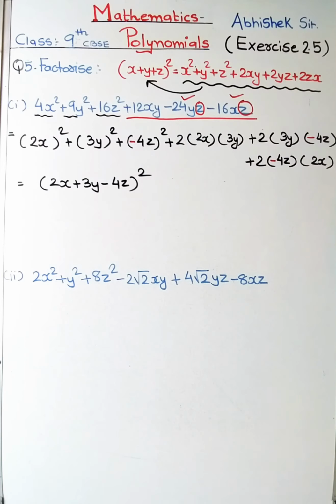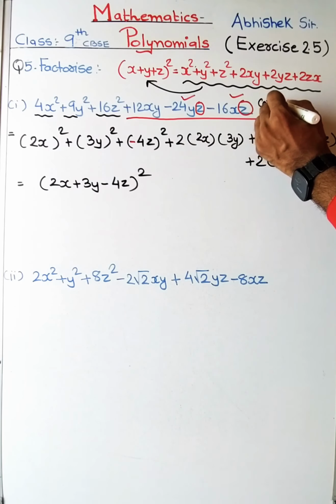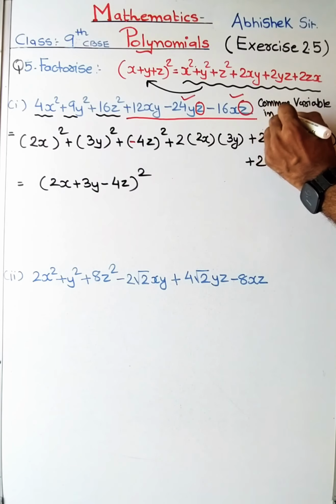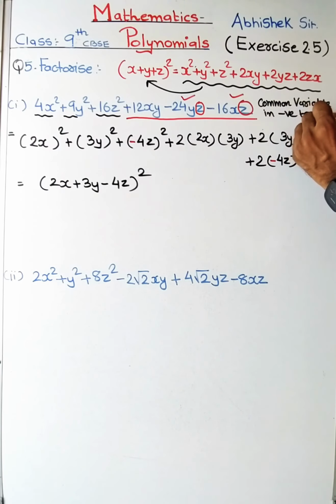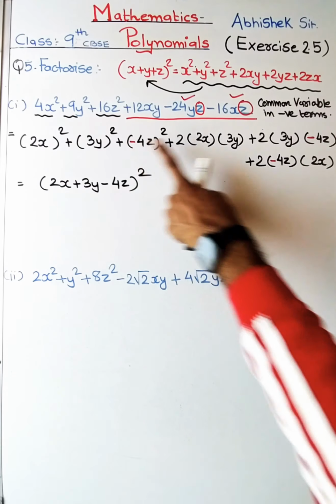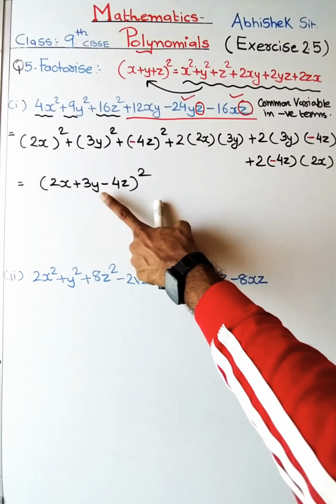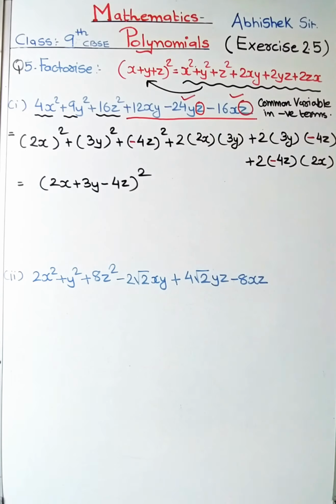What we identified, the common variable in negative terms. That common variable we have to identify and just put a minus sign in front of that, also in the last answer. So this is our final answer.